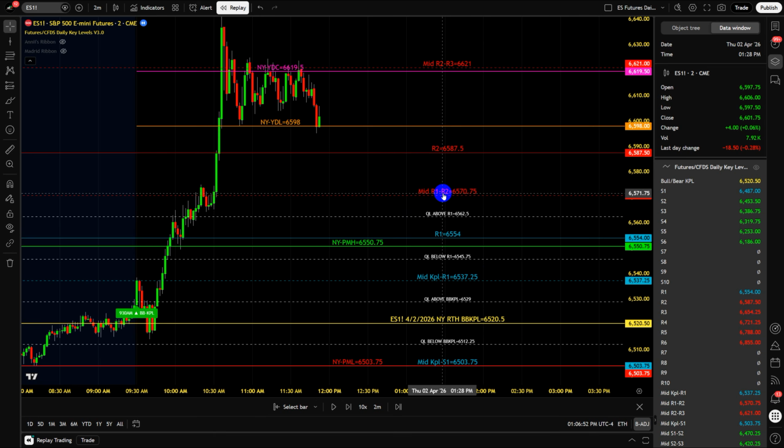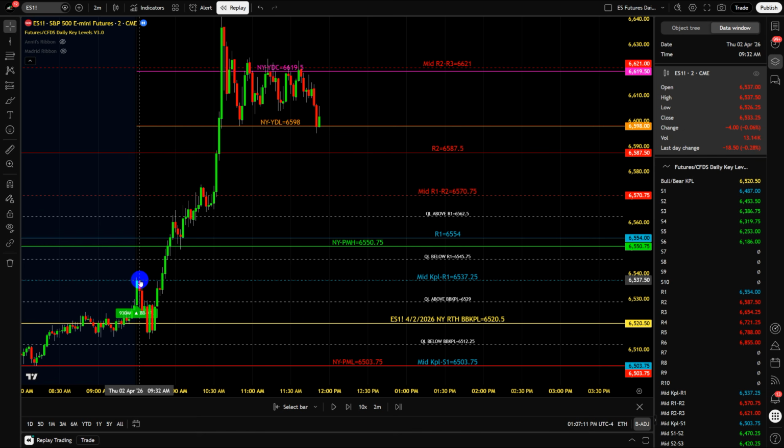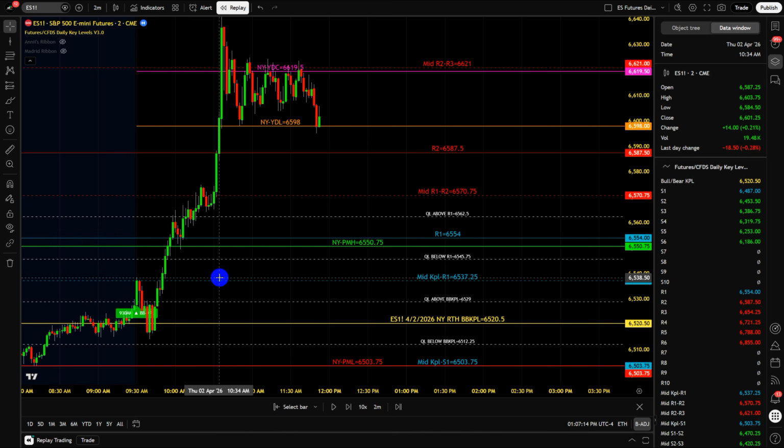Then when it hits that zone, you have several different options. One is that you can adjust your stop loss to break even and retain all of your contracts. Moving it to break even means moving it to the price that your initial entry was executed at.